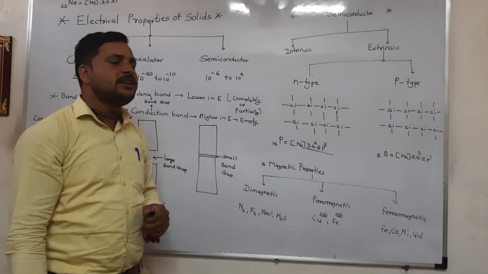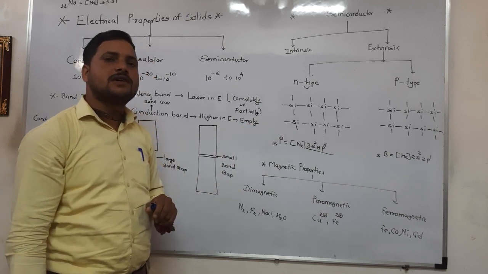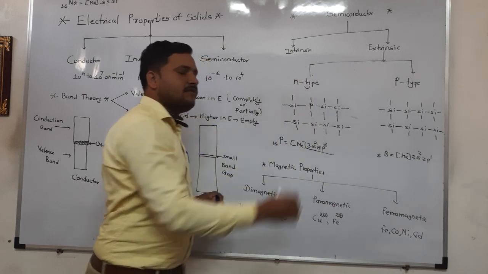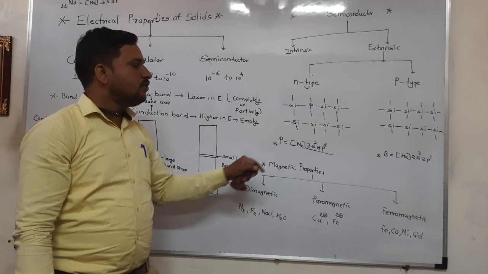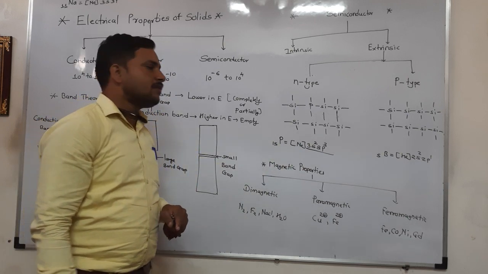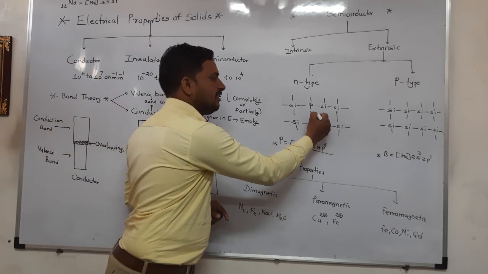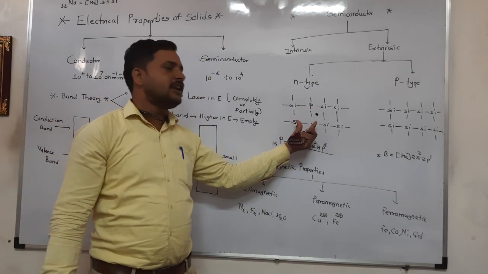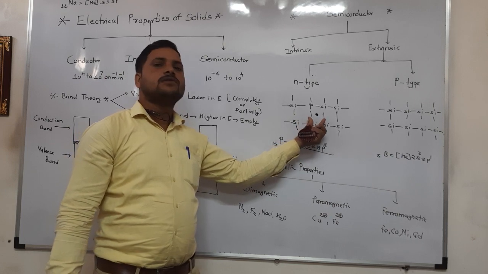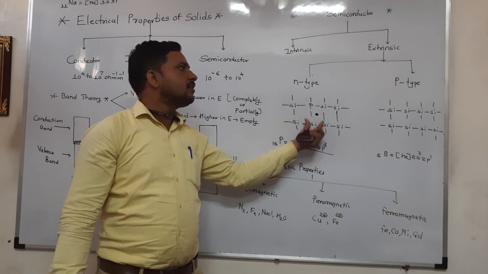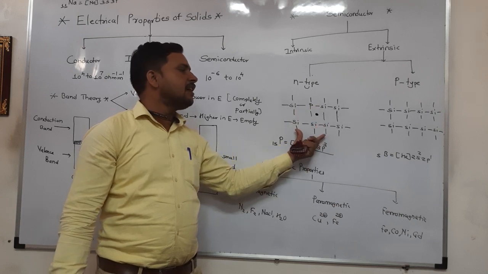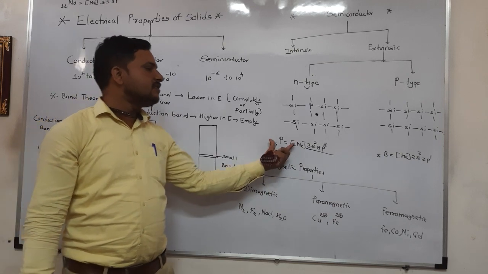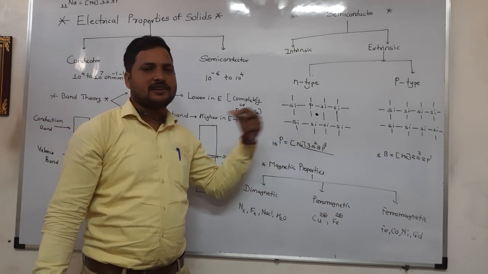When this impurity is added in a pure crystal of silicon, one or more silicons are replaced by phosphorus, and due to 5 valence electrons, one electron is in excess in the crystal lattice. Hence, due to this extra electron, this crystal has more electrical conductivity than pure semiconductor. Hence, it is known as an N-type semiconductor.